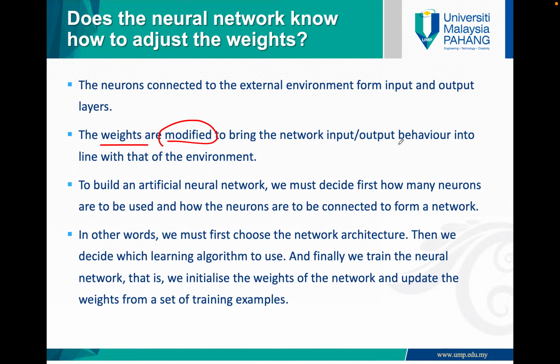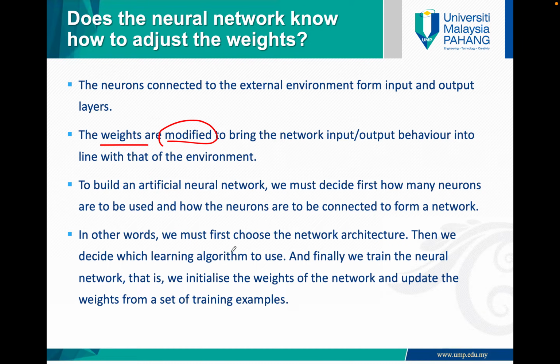Let's say you have 4 different inputs, that means you will have 4 neurons. Those neurons will be the input to the middle layer, and combined with the weights, you will have the output layer.